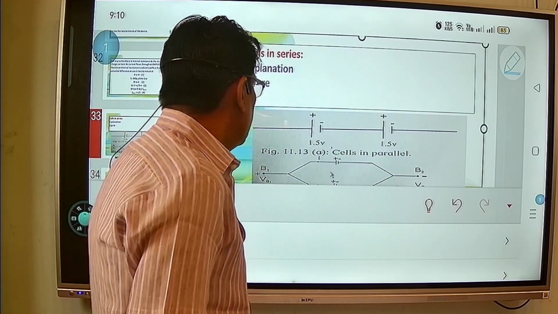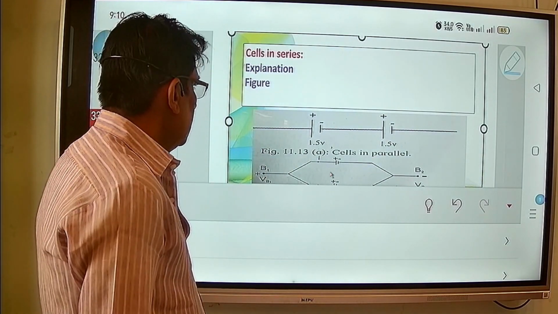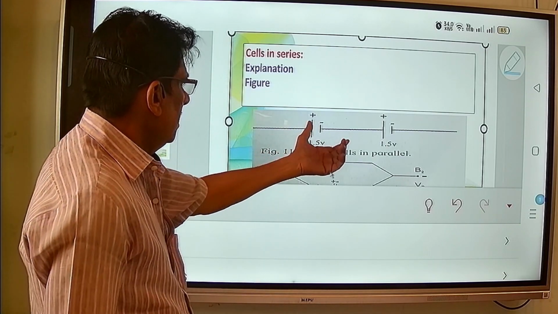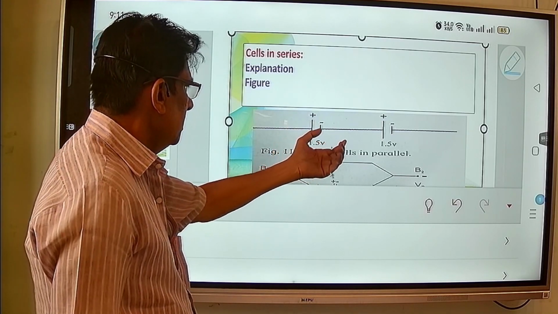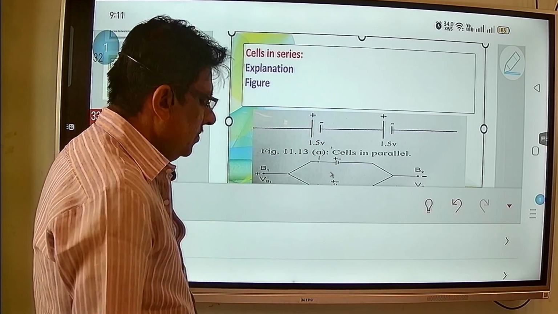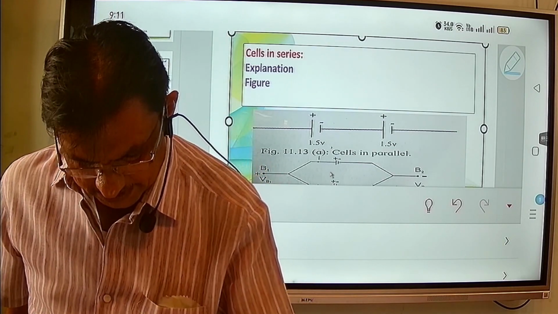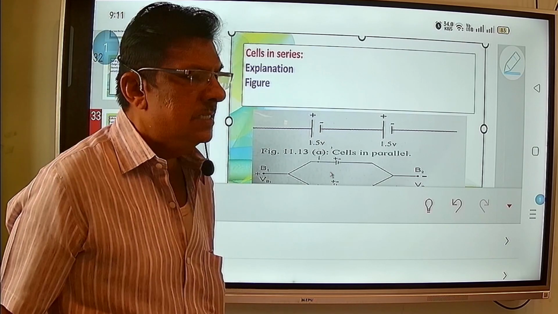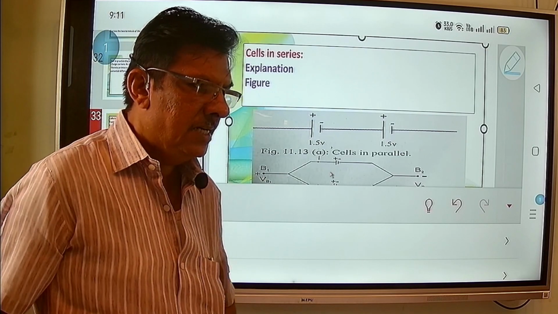Now here we are going to see a new point, that is cells which are connected in series. Now you see in the upper half there are two EMF sources or two batteries connected, having values of 1.5 and 1.5. Now you are very well familiar that two cells connected in series will give a larger value of voltage, but the current remains the same.